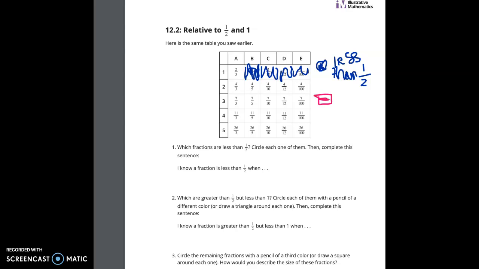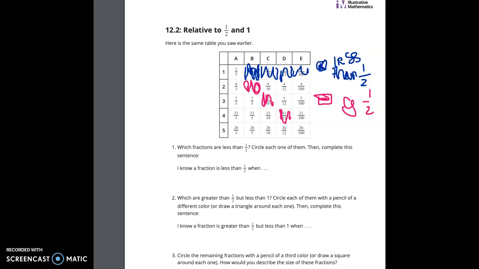And we could say that is greater than 1/2. Let's see, that was this. And then we could say maybe greater than 1.